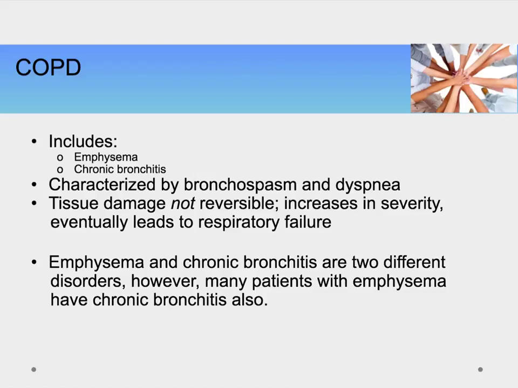Smoking is one of the major causes, and this is due to the impaired ciliary action and macrophage function that causes inflammation in the airways. Every time a person inhales from a cigarette, your body identifies it as an irritant and as foreign, and it goes into an inflammatory process.